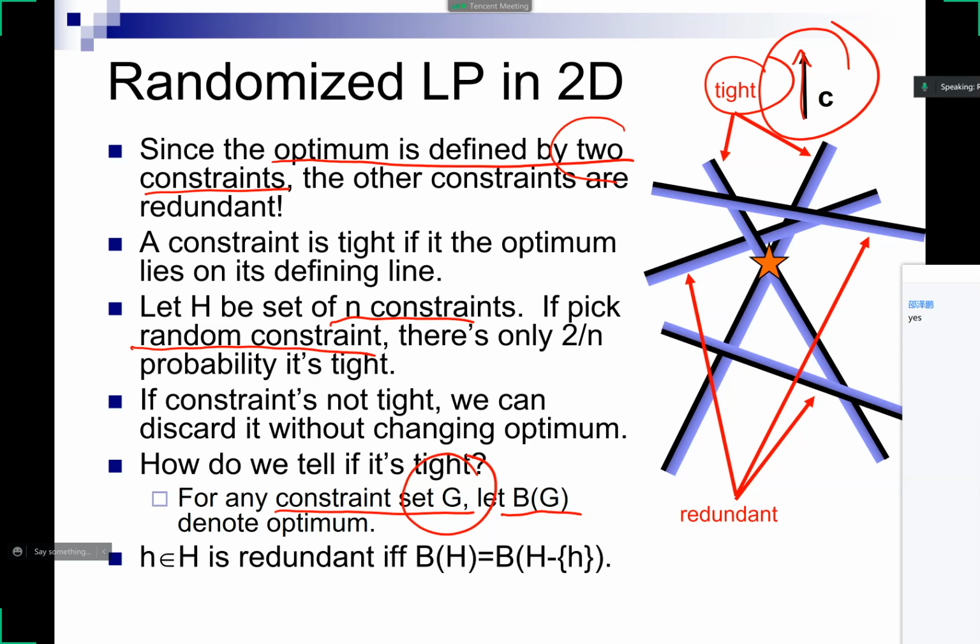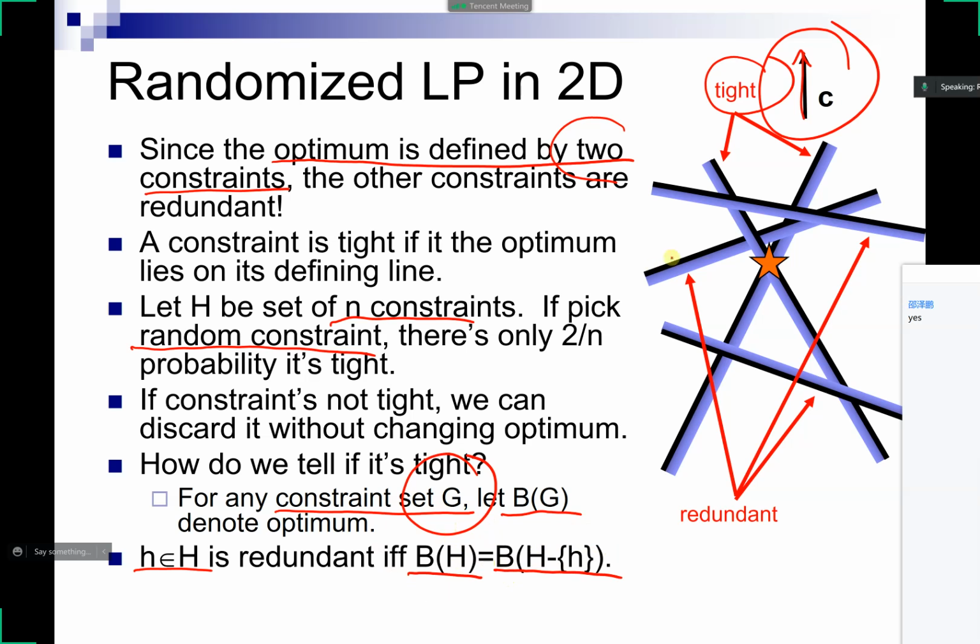All right, so now we have that if h in this big set of constraints H is a redundant constraint, then we know that if you throw it away, you don't change the optimum. And so that means that the optimum when you satisfy all the constraints in capital H, versus the optimum when you satisfy all the constraints in H minus this redundant constraint, these 2 optimums are the same.